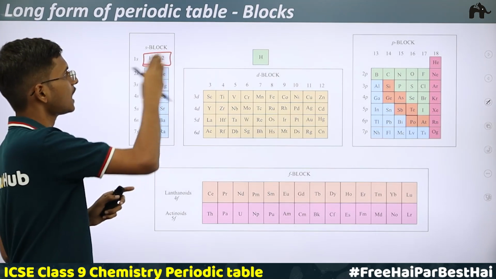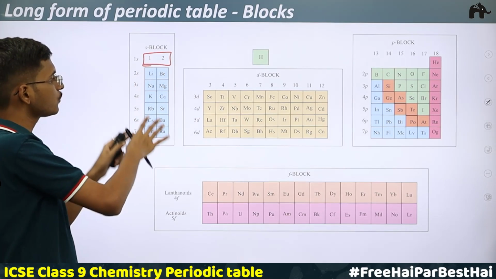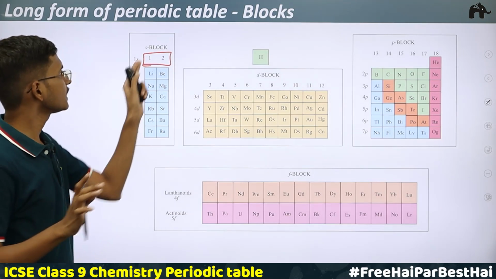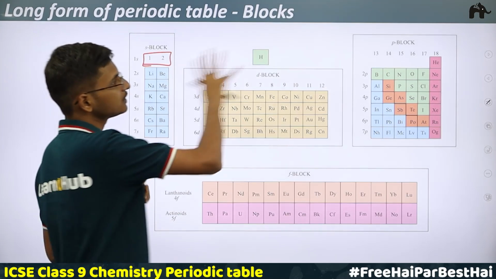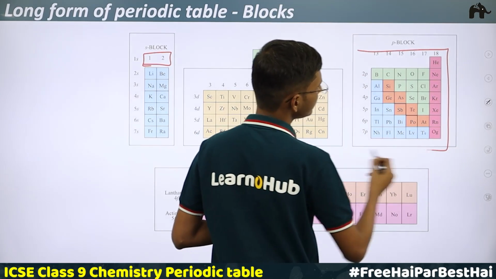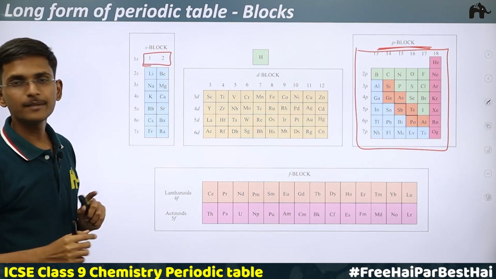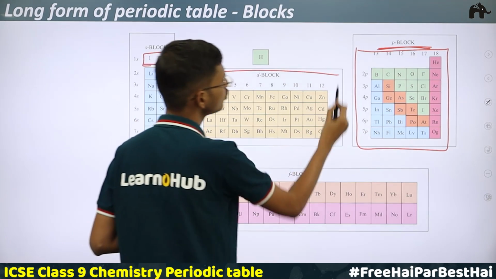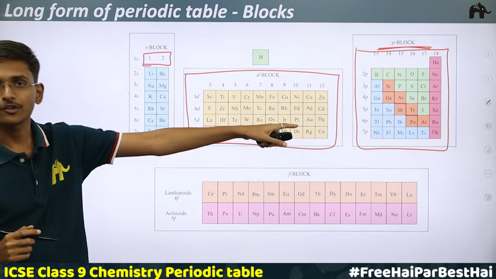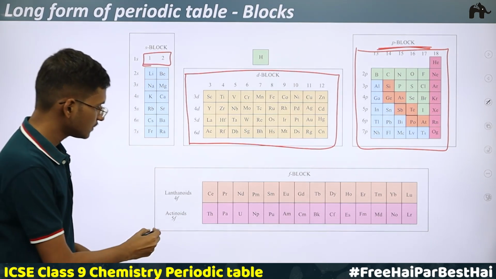Then group 13 to group 18, all elements here are called P block elements. Then the D block elements are from group 3 to group 12; here group 12 is included.